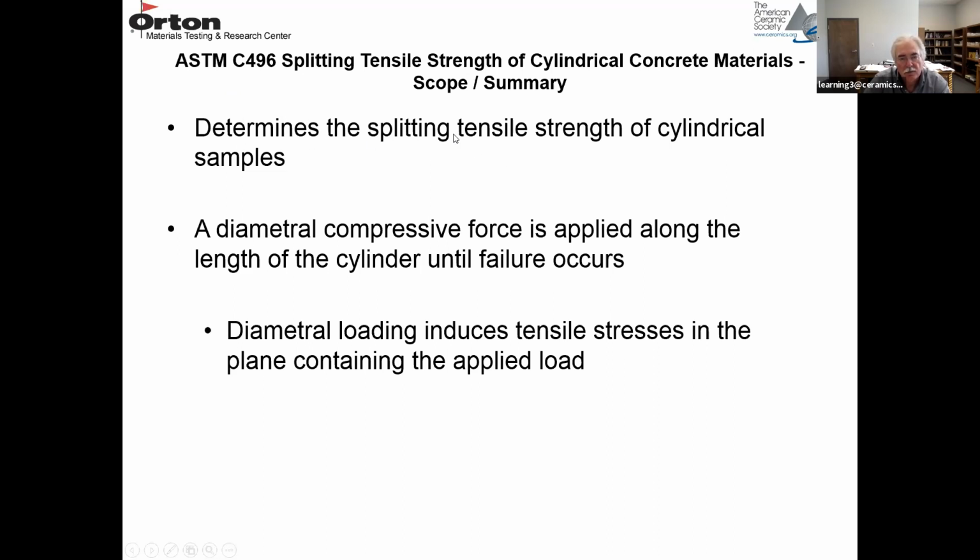It's the splitting tensile strength of a cylindrical sample. So if you want to get something close to a pure tension test, you would use this splitting tensile strength test. A diametral compressive force is applied along the length of the cylinder until failure occurs. If you load it in a diametral way, it induces a tensile stress in the plane containing the applied load.